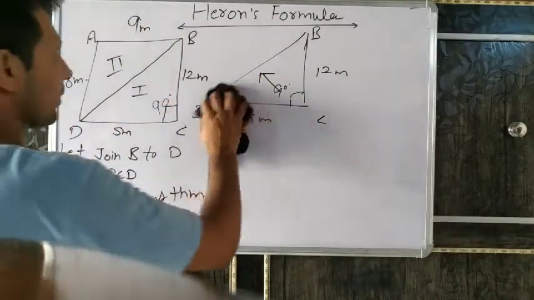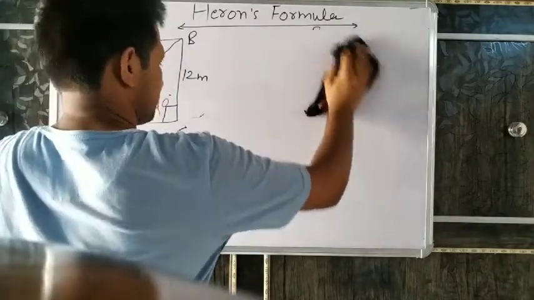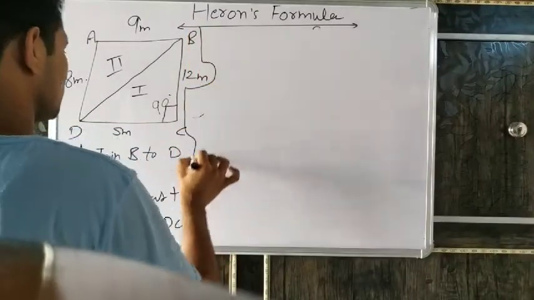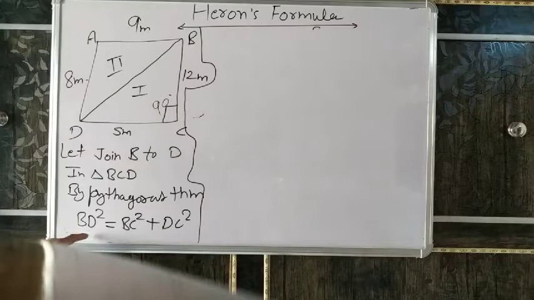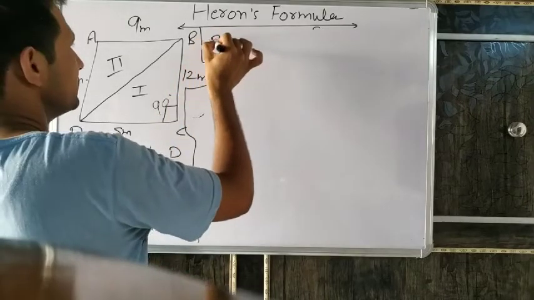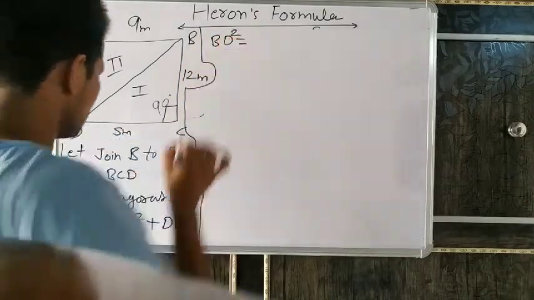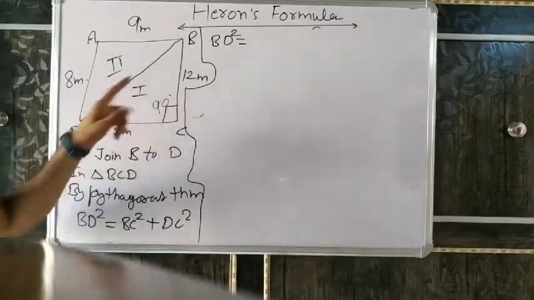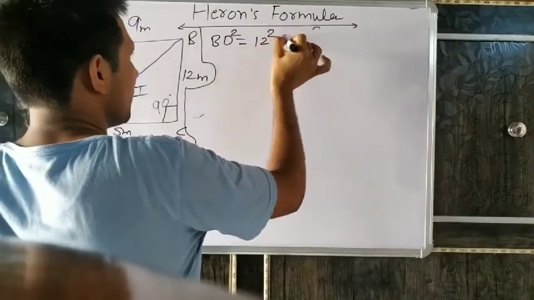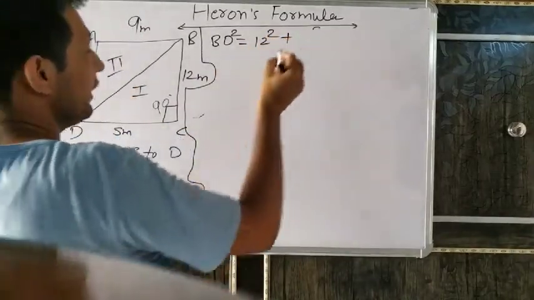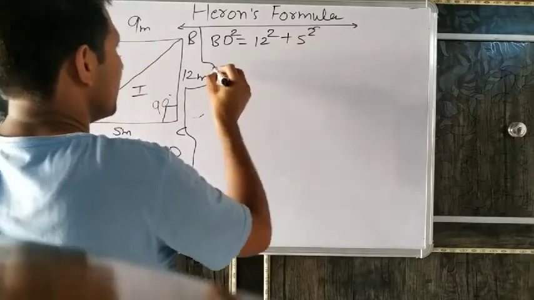Now I am rubbing this triangle because there is a space problem. Next, BD square equals BC square, BC is 12, so 12 square plus DC 5 square.